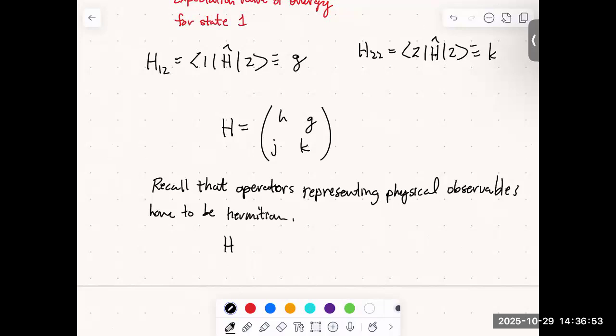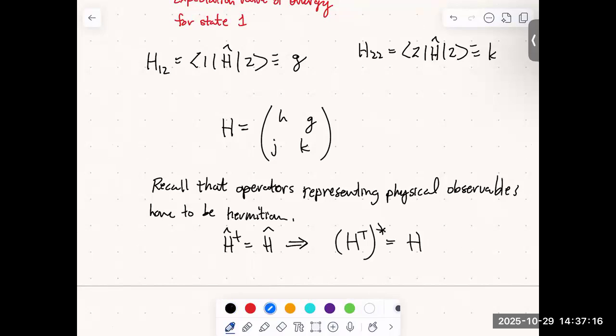And so specifically, the adjoint of H has to be equal to itself. What that meant in the matrix representation is that the transpose and complex conjugate of H has to be equal to itself.